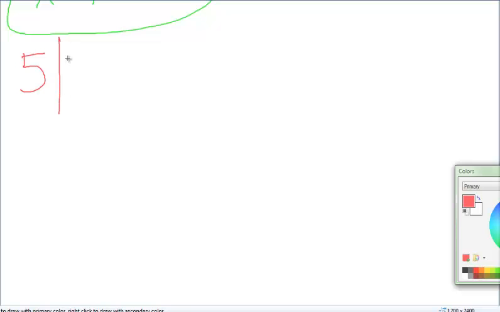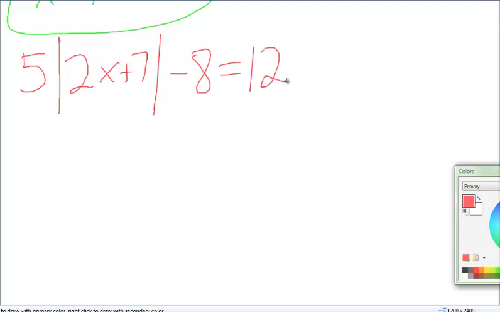5 times the absolute value of 2x plus 7 minus 8 equals 12. A lot more to do this time, but it's the same process. We're going to start by getting this absolute value by itself. So we just have absolute value equals something. First thing to do is 5 times something minus 8 equals 12.